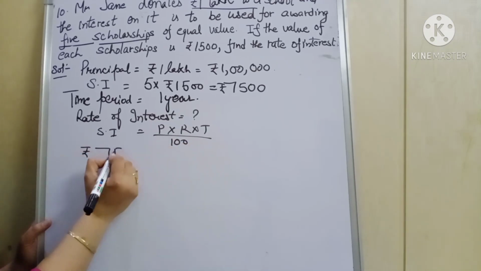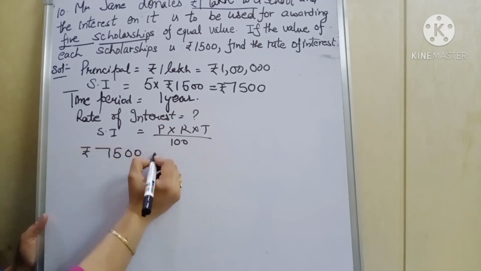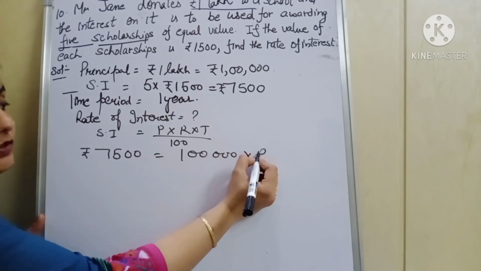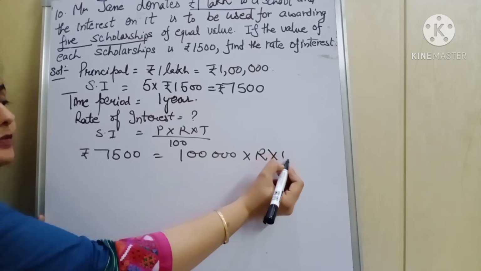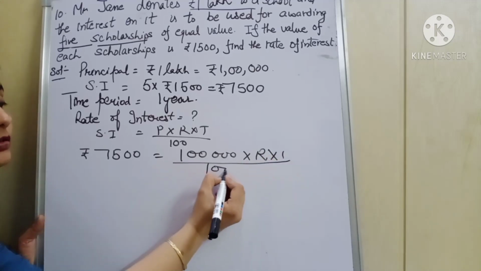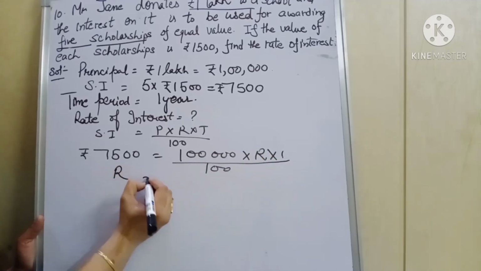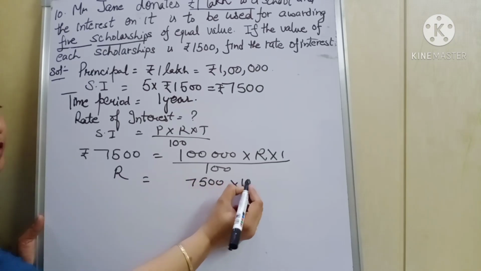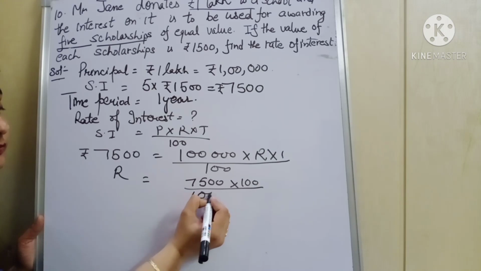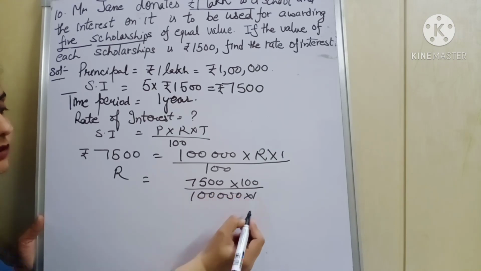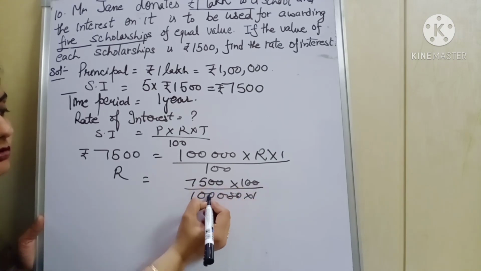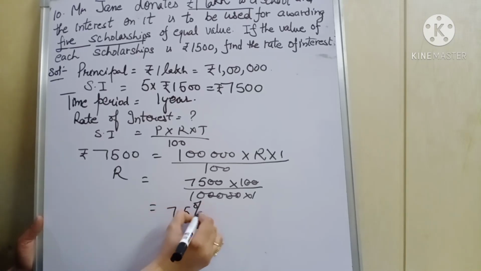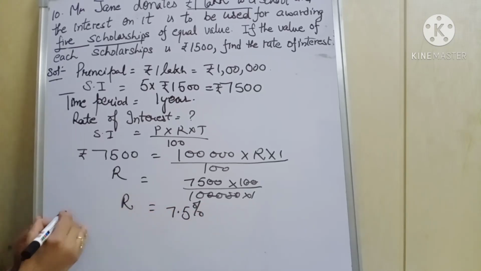Simple interest you have calculated, 7500. Principal 1 lakh. Multiply by the rate of interest which you have to calculate, time period 1, upon 100. So rate of interest is 7500 multiply by 100 upon 1 lakh into 1. You just cancel the zeros. You are getting 7.5%.